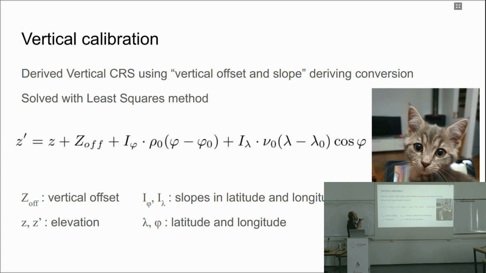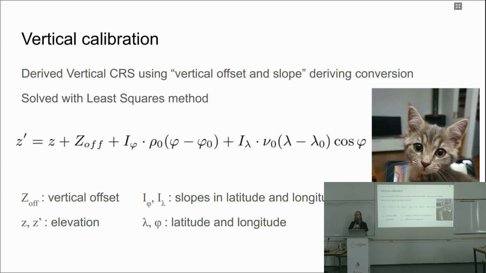So for the vertical calibration, what we are using is this function in EPSG that's now implemented in PROJ, vertical offset and slope. That's the formula there. It sounds a bit complicated, but it's much simpler. The only unknowns we have are the letters in capitals: the offset of a point, I, and the slopes in the latitude and longitude direction, I phi and I lambda.